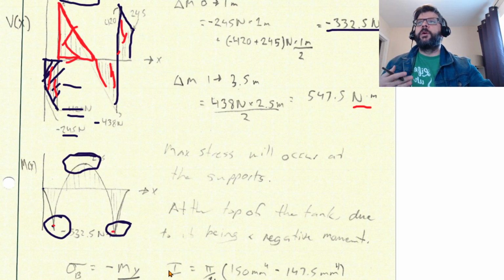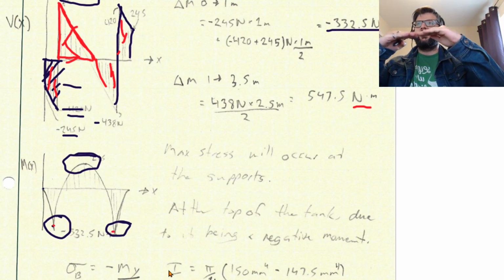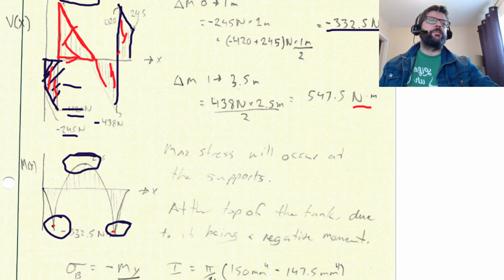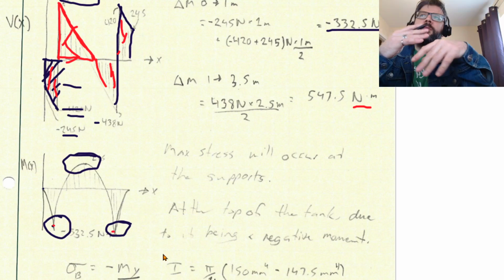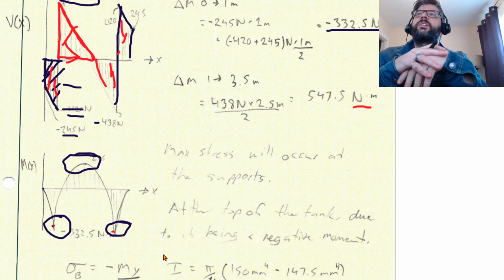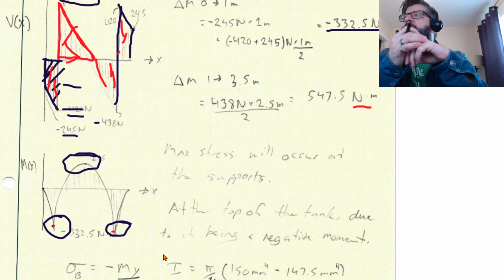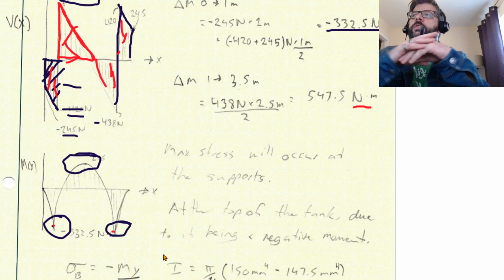And since the bending moment is negative at those points, we know that means that it's curving down like this. So the tension is going to be at the top. And we're worried about where the tension is the highest, because when we add pressure to this thing, it causes tensile hoop stresses and tensile longitudinal stresses.